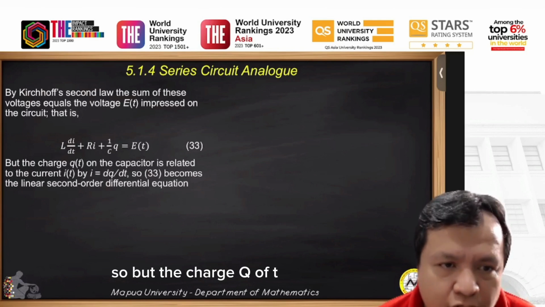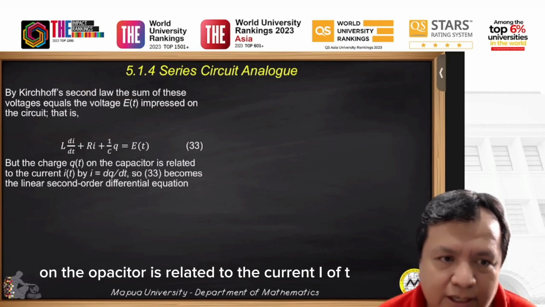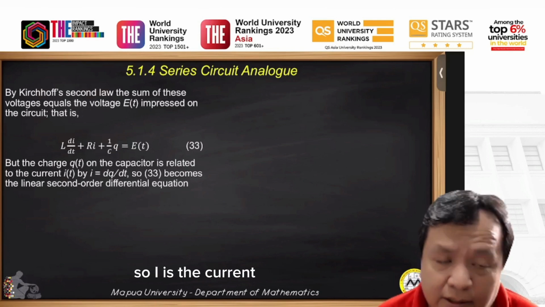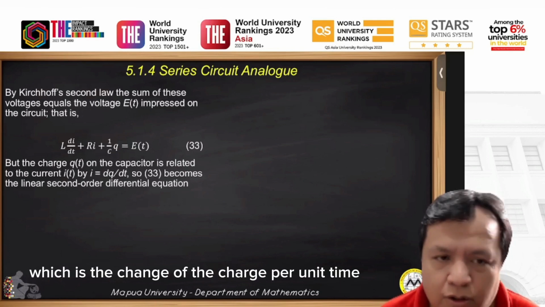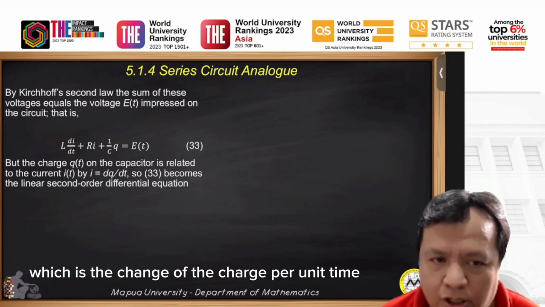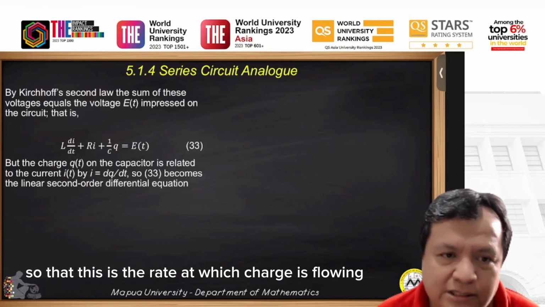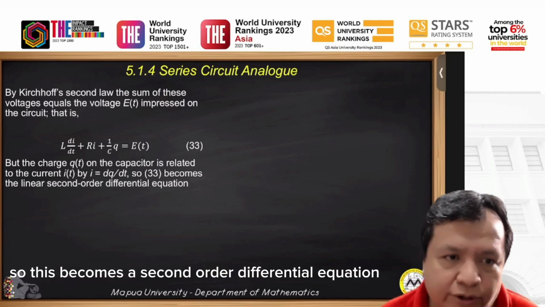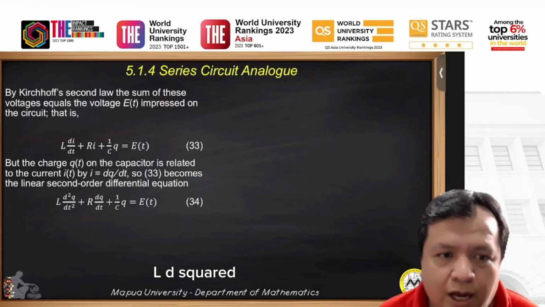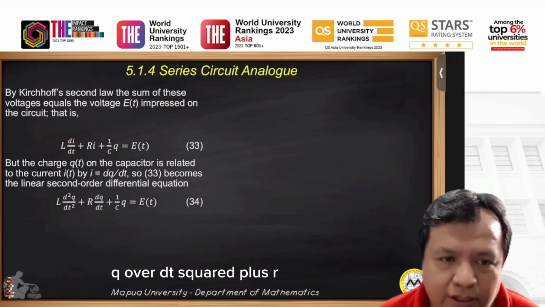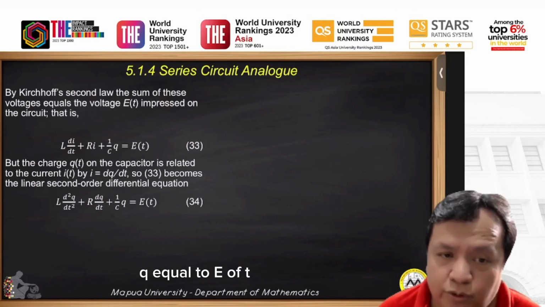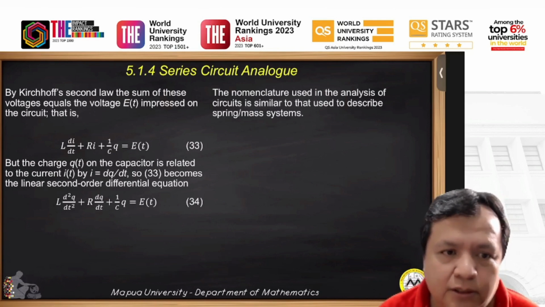But the charge q of t on the capacitor is related to the current i of t. The current is the change of charge per unit time, the rate at which charge is flowing, dq over dt. So this becomes a second order differential equation: L d squared q over dt squared plus R dq over dt plus 1 over C q equals E of t.